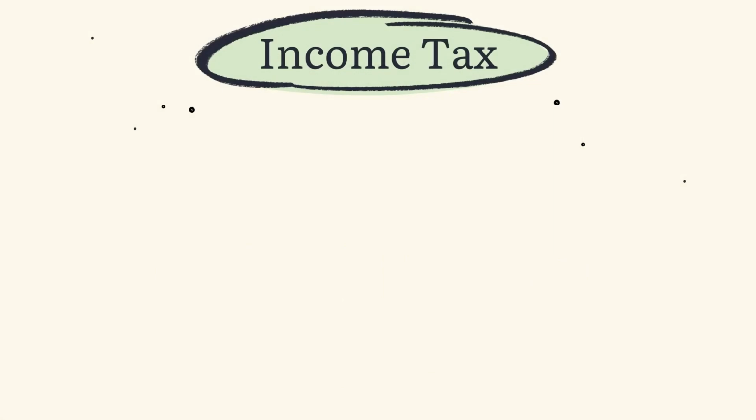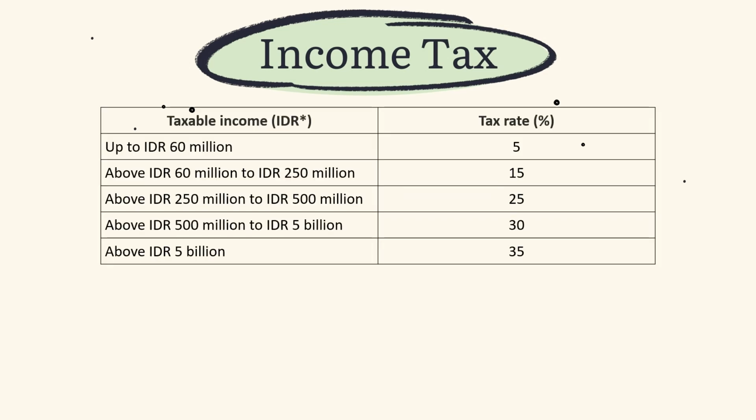Next topic is income tax. Income tax is paid on money earned, and most governments believe that richer people should pay more tax than poorer people. As a result of this, the amount of tax falls into different rates or tax bands. In our country, Indonesia, these are the tax bands.